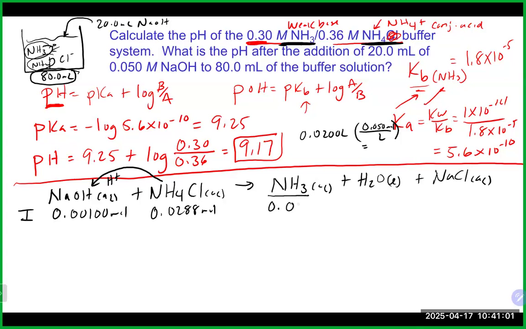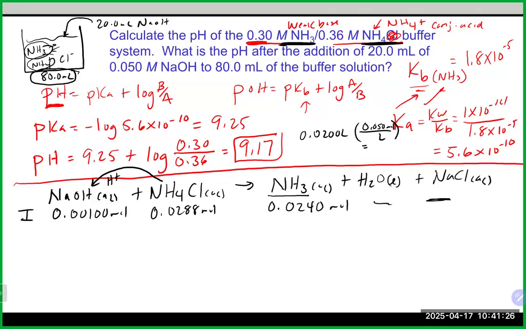The water I'm not going to be concerned with, and once again, the sodium chloride is a neutral salt that I'm not going to be concerned with either, so I wouldn't write down numbers there that you might use incorrectly. First off, any questions on how I got those numbers?